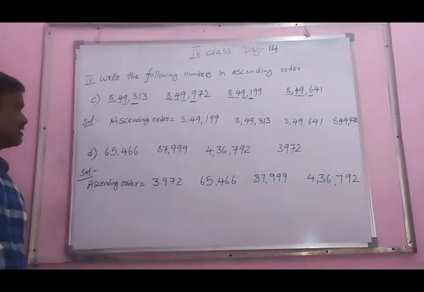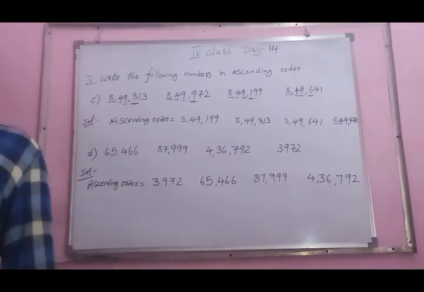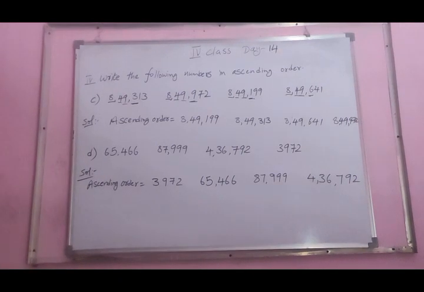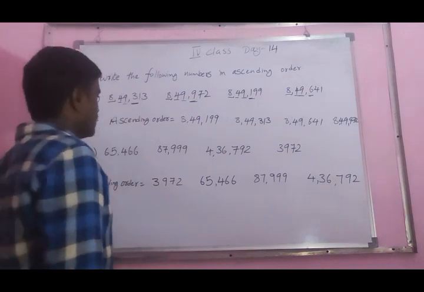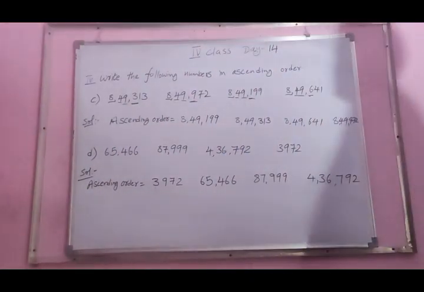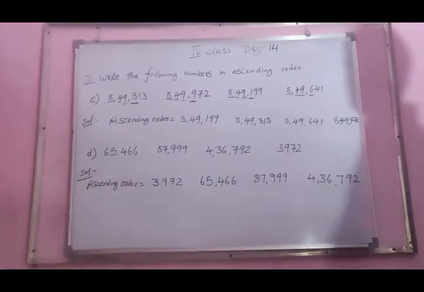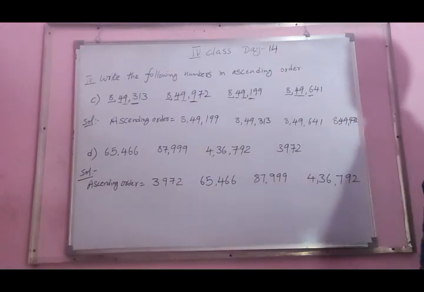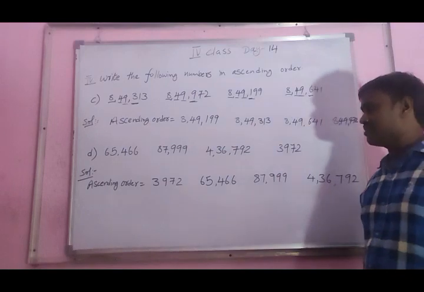Next D is 65,466, 87,999, 4,36,792, 3,972.